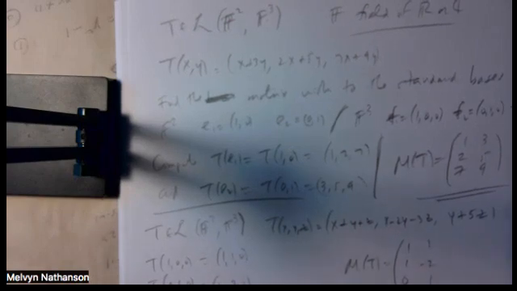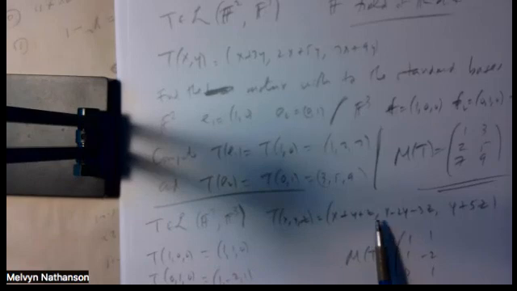So 1, minus 2, 1 is the second column. And when x and y are 0 and z is 1, I get 1, minus 3, 5.